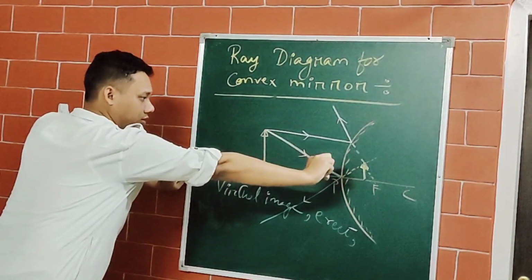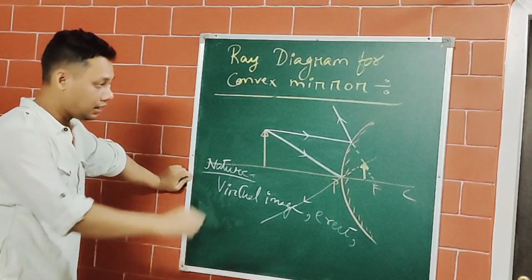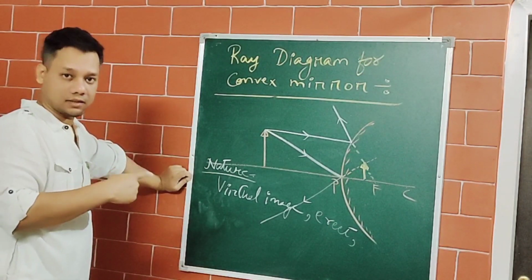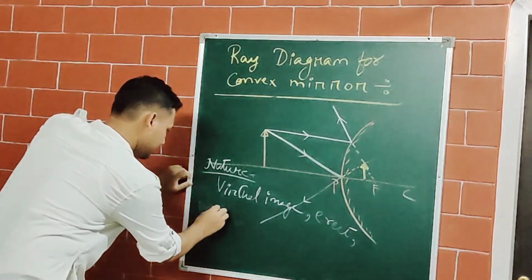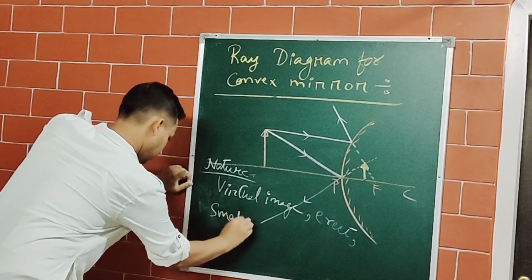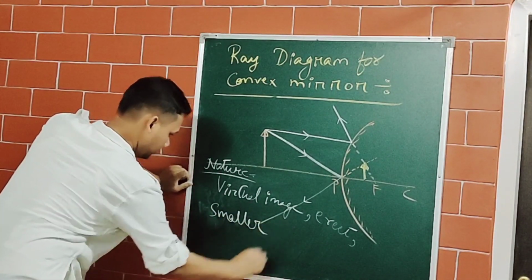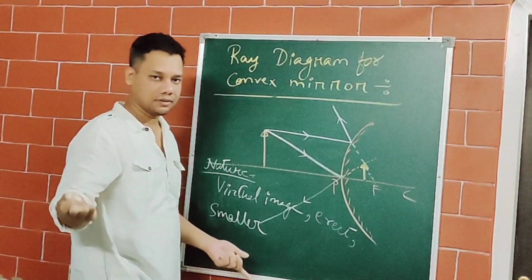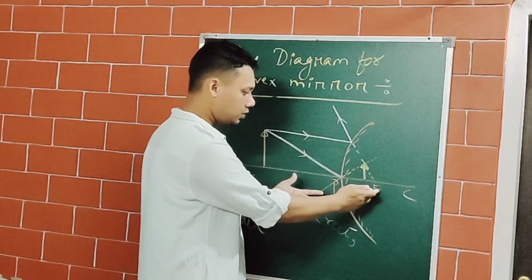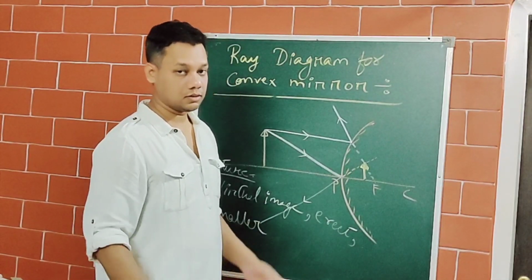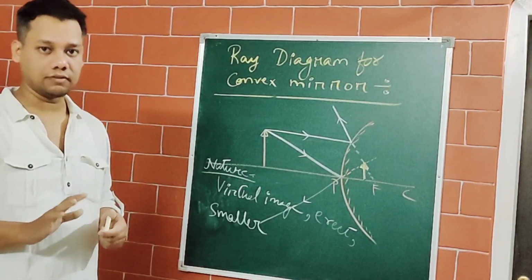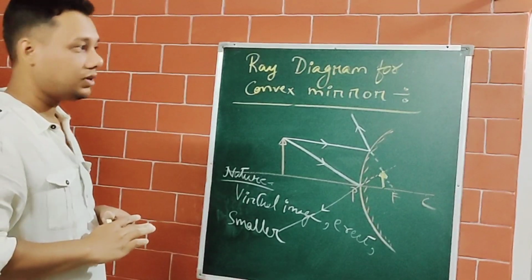The image size is smaller than the object size. So we will say it is smaller in size. And position also you can write if you want, that the image is formed between pole and focus. So this is the ray diagram for mirror. We have completed ray diagram for mirror with this.